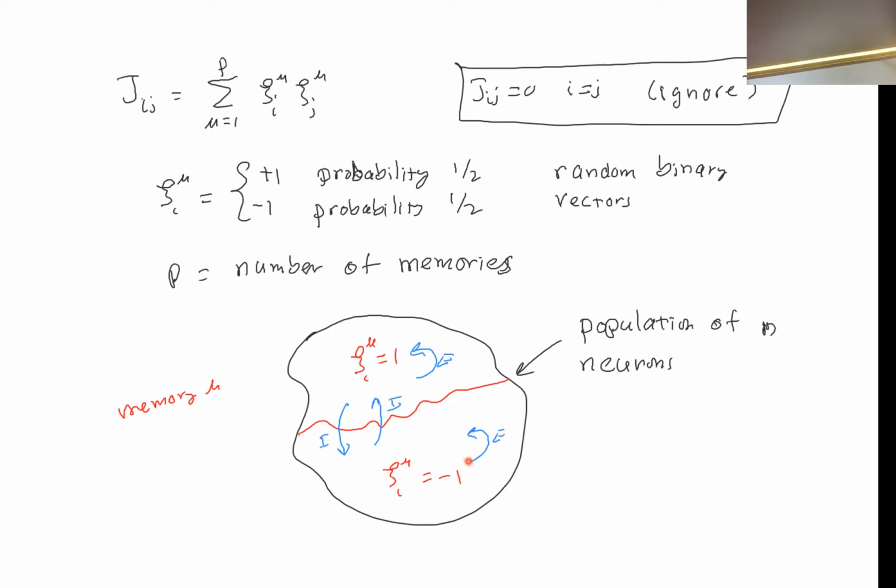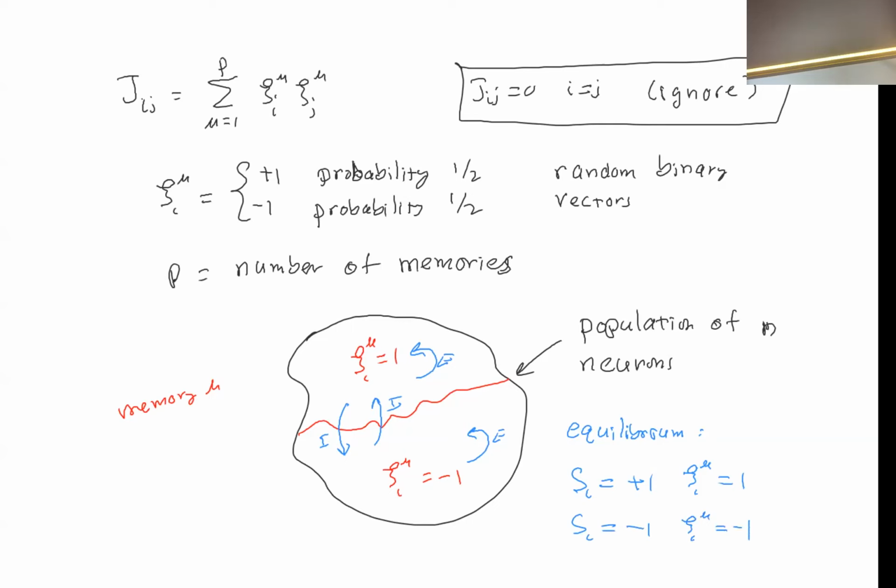So what you might expect is that an equilibrium has SI equals +1 when squiggle I mu equals 1, and SI equals -1 when squiggle I mu equals -1.